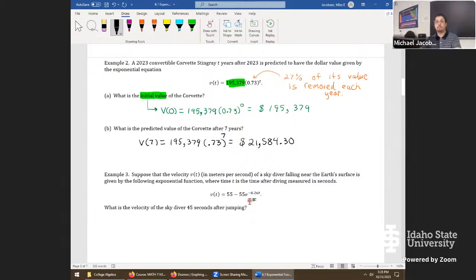But this one's actually kind of tricky to put in your calculator. Let me pull up a calculator to show what the actual problem is. That letter E, we're going to see this letter quite a bit, and E is Euler's number.